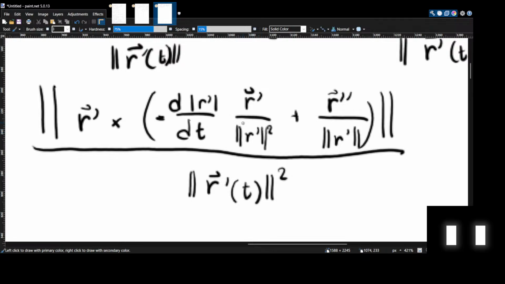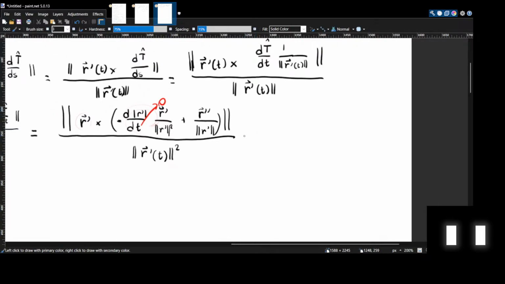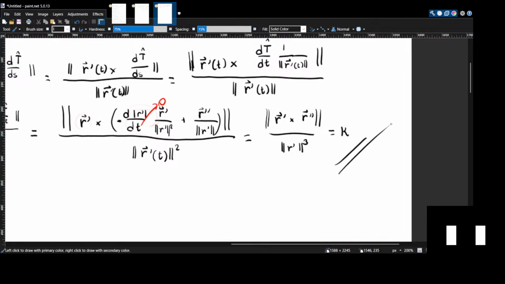Meaning that this term combined with this term, r prime crossed with this term, is going to be 0. Therefore, all that remains is r prime cross r double prime divided by r prime cubed. And that is our value of kappa.